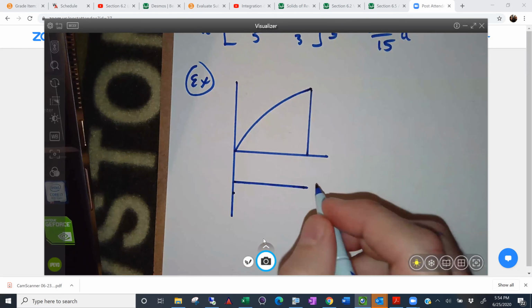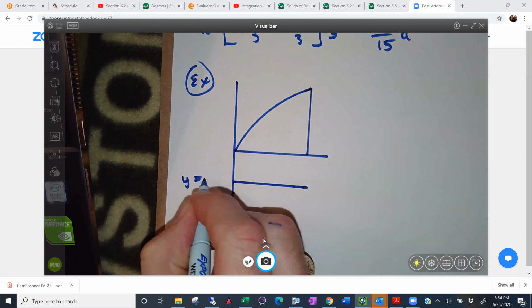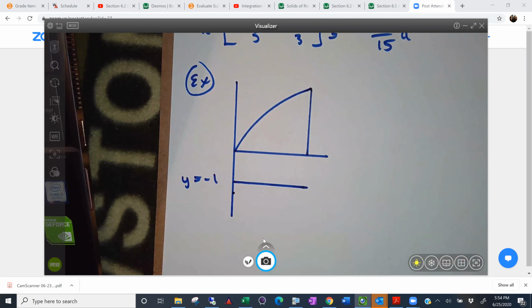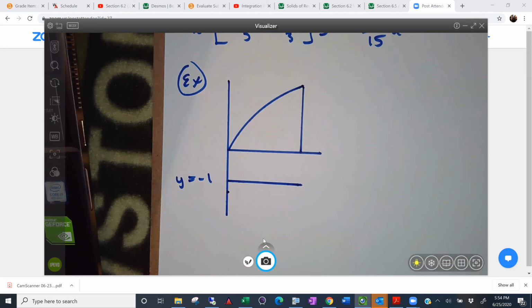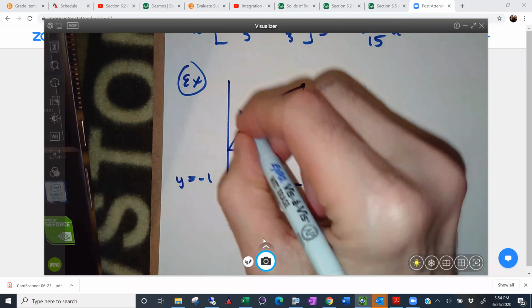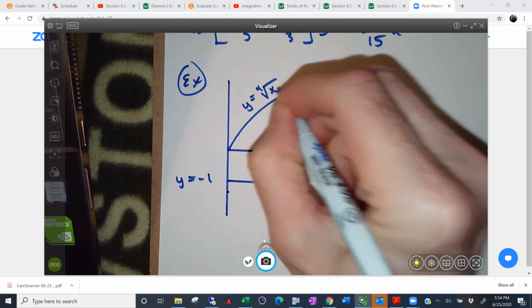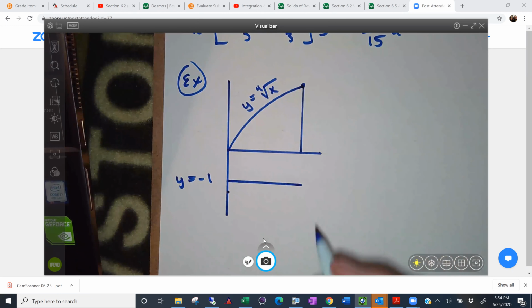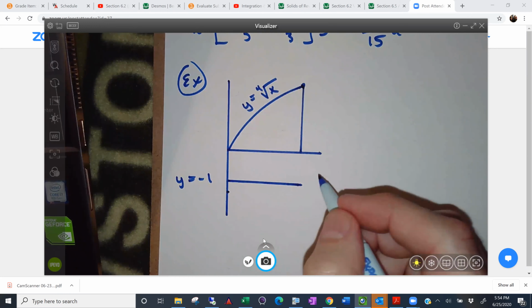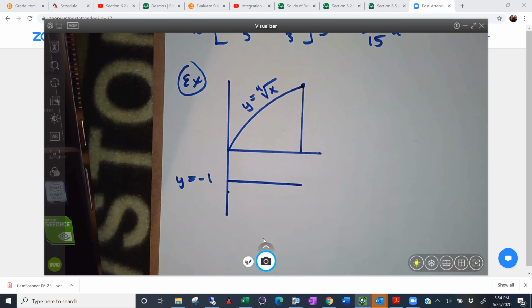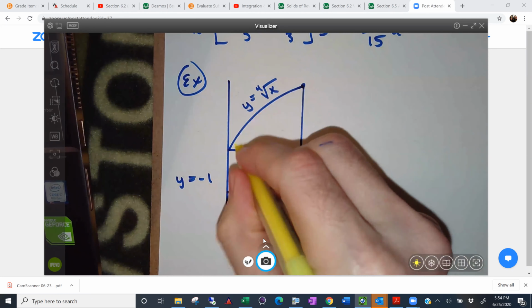So this is y equals -1. And we're still working with the function y equals the 4th root of x. And let me shade the region that we're going to deal with. That's going to be this one right here.